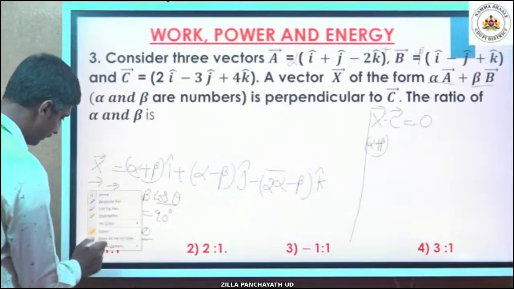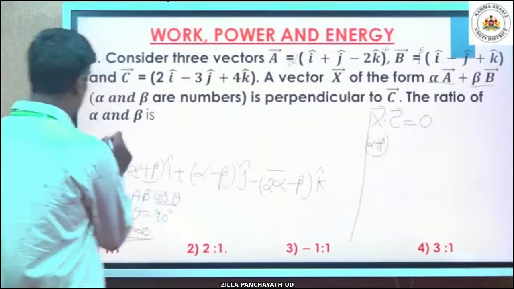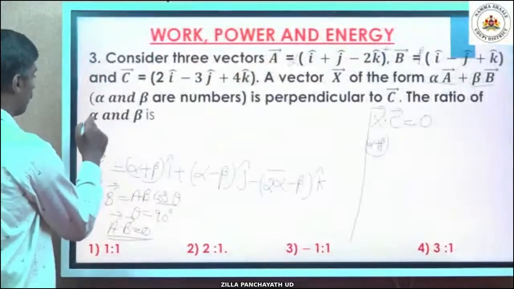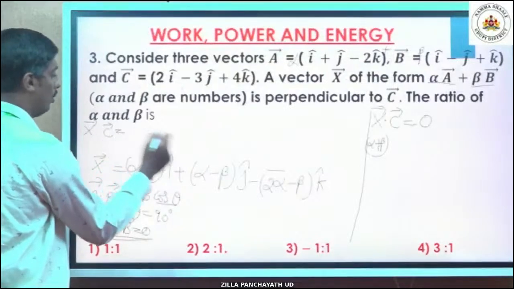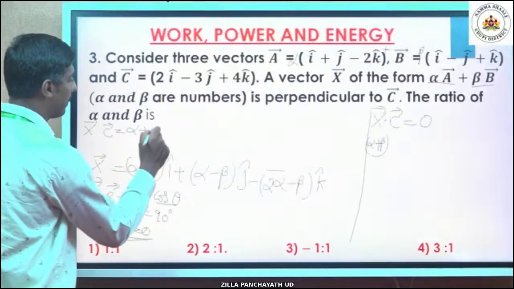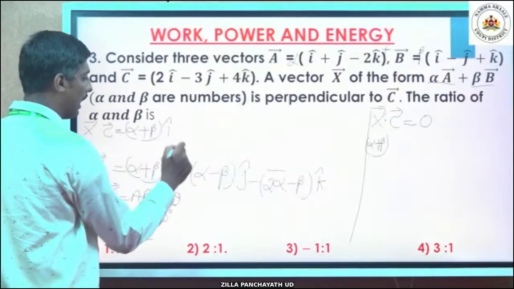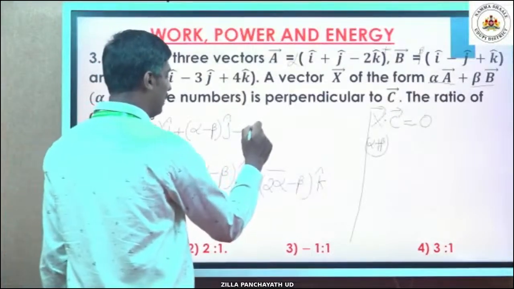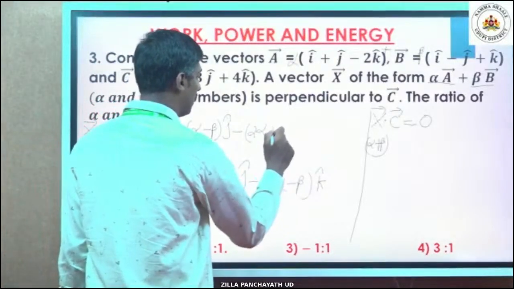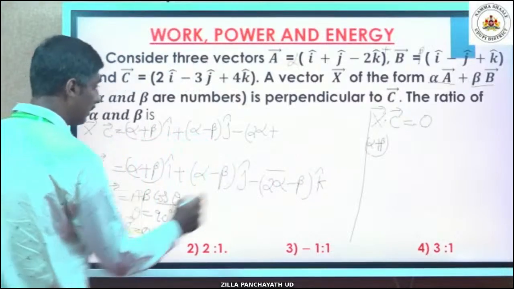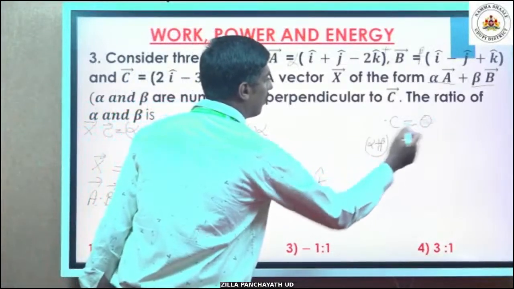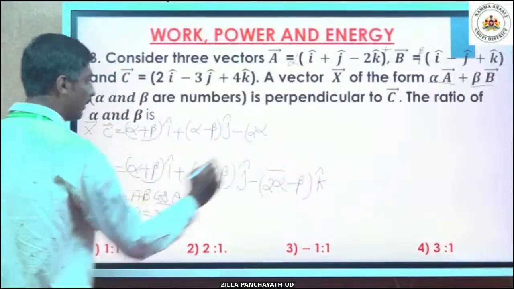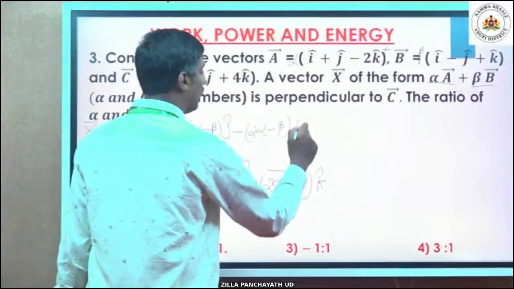So now I write here x dot C is equal to, let's take this vector, alpha plus beta times i cap plus alpha minus beta j cap minus 2 alpha minus beta times k cap.